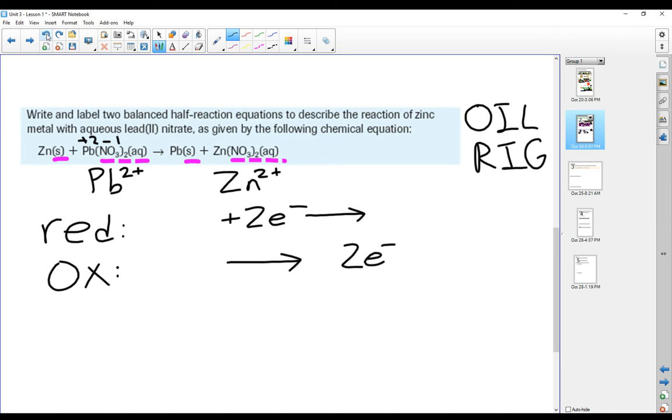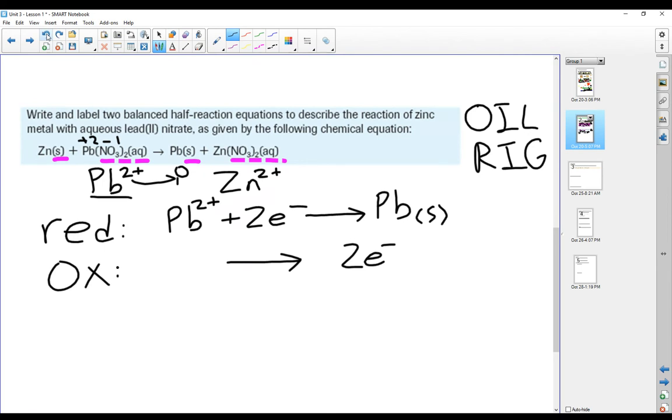So lead went from 2+ to 0, which means that lead is undergoing reduction. It's gaining electrons. It's going from +2 to 0. So this will be Pb 2+ plus electrons over to lead solid.